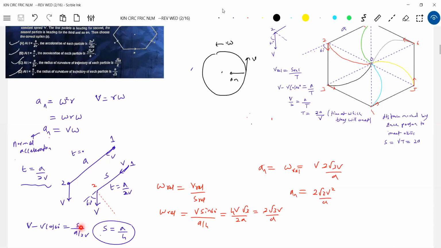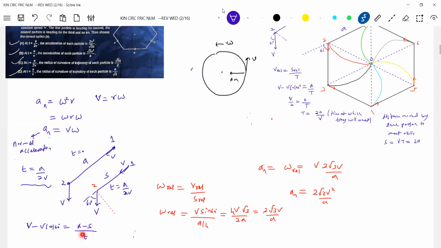V minus V cos 60 will be the relative velocity, equal to final minus initial. Okay, yeah, I got it. For initial minus final, we'll take it A minus S by what is the time?